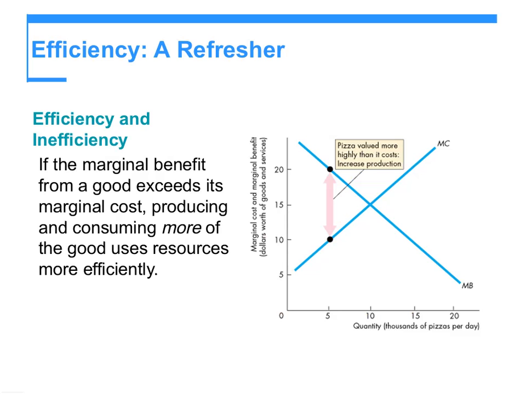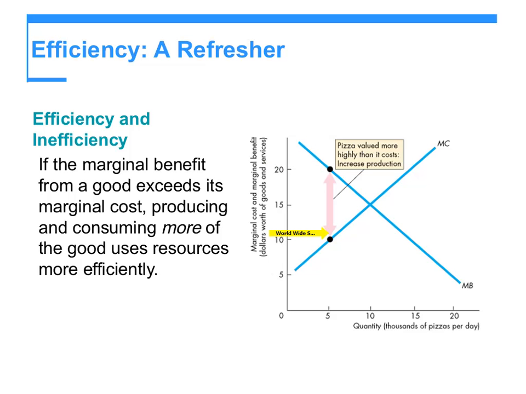So efficiency and inefficiency. Now we're going to tell you what's happening. If the marginal benefit from a good exceeds its marginal cost, producing and consuming more of that good uses resources more efficiently. So as you can see here, marginal benefit is more than marginal cost.